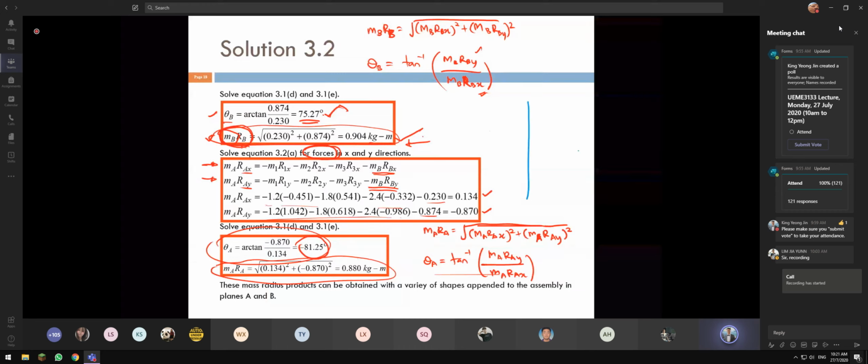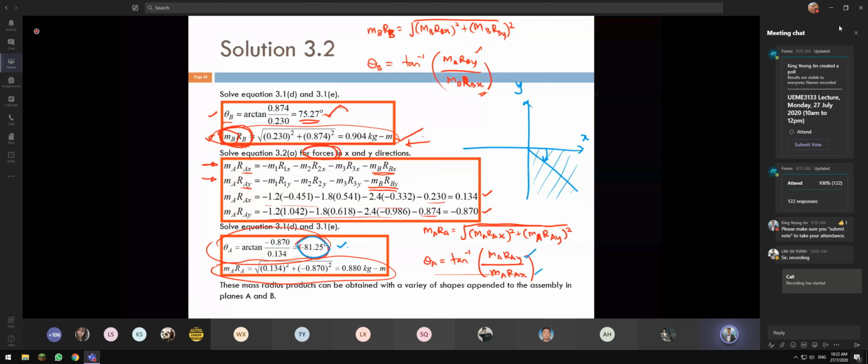Now if we sketch it out, this is X, this is Y. My MARAY is negative, so it's somewhere at the bottom here, and my X is positive, so I will be in the fourth sector. So you draw this out. Whatever angle you calculated, because it's Y over X, will be here, so you get negative 81.25. This can be your angle because you measure clockwise, so you put the negative.